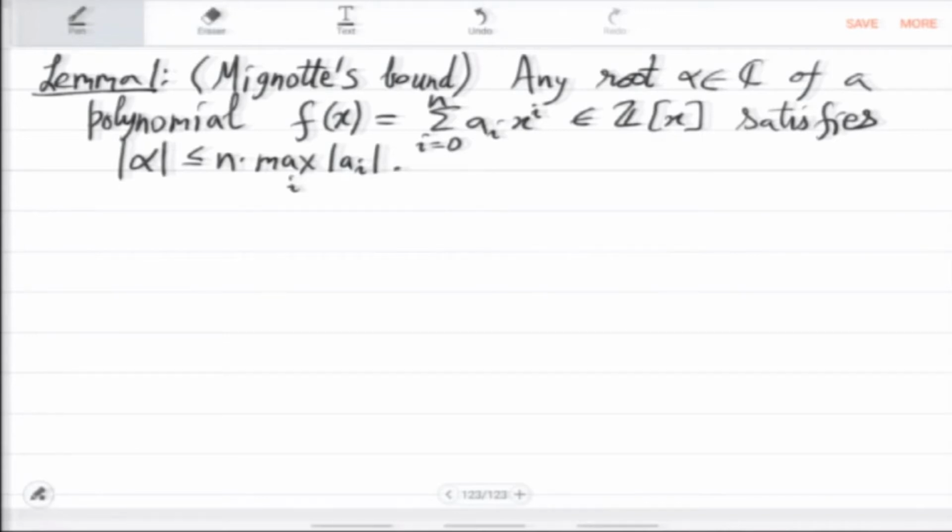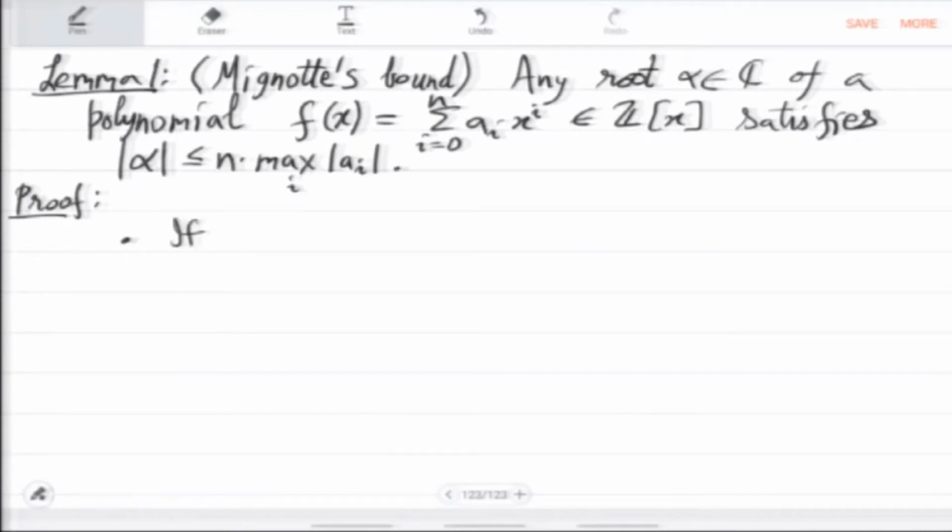Ultimately the statement is very natural. It is saying that any complex root you pick of a polynomial, the magnitude is bounded by the magnitude of the coefficients times n, which is the degree. And the proof is equally simple. You basically divide into two cases.